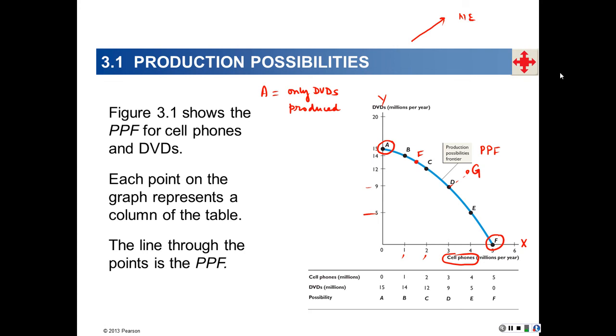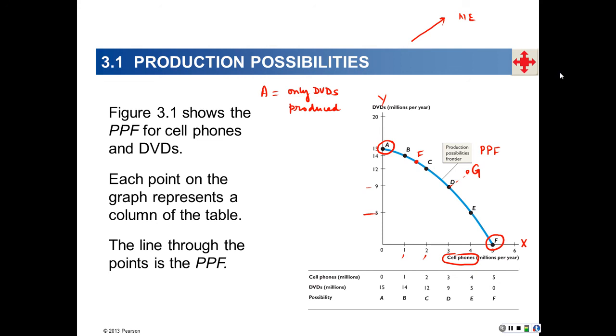If you have a point that lies to the northeast of another point, you can be sure that first point involves more of both goods. Right? So the logic here is quite simple. If point D already uses up all the resources, there clearly won't be any resources left to produce more of both goods.